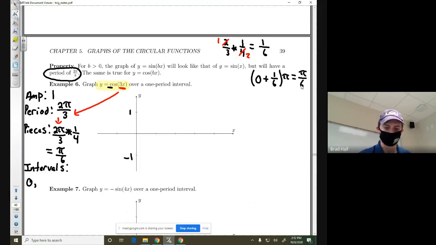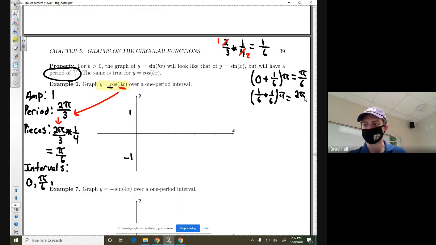So 0 plus π/6, that one's obvious, that one's π/6. What's π/6 plus π/6? That's 1/6 plus 1/6 with the pi thrown back in. That would be 2π/6, which simplifies. π/3. Yeah, that's π/3. So that's where I'm getting these numbers from.